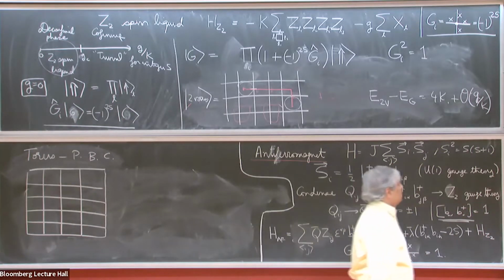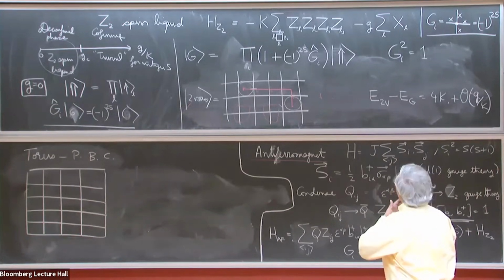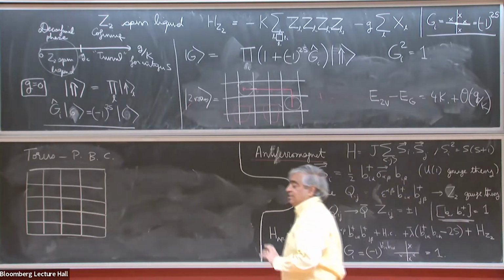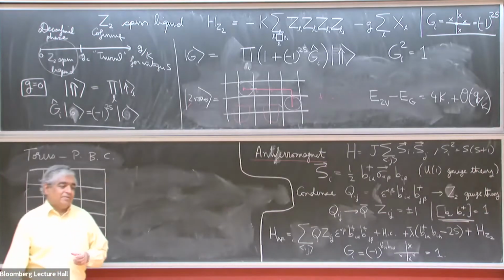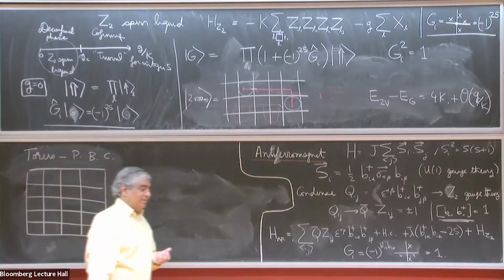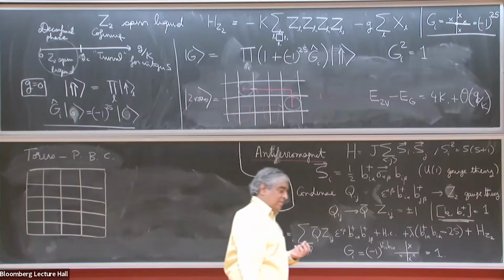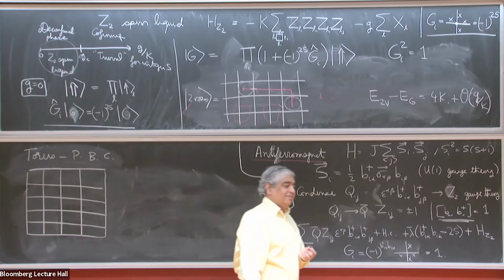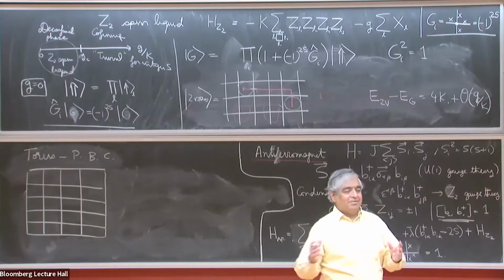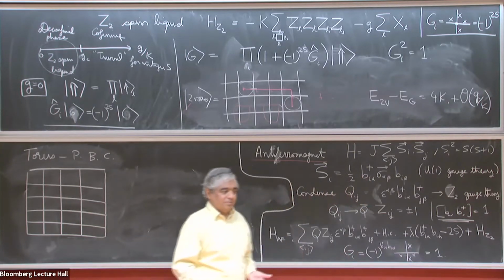All right. So what I've said so far is that the G_i commute with the Hamiltonian. In fact, I can make a stronger statement, that the G_i and the product of all the G_i completely exhaust the set of operators that commute with the Hamiltonian.